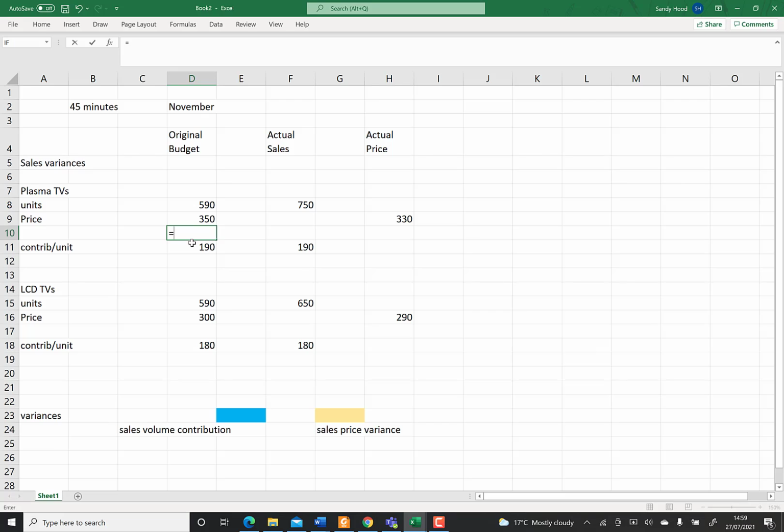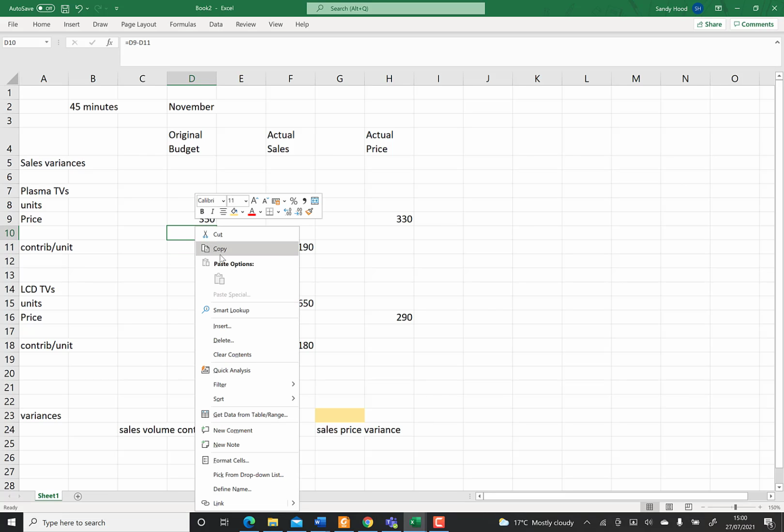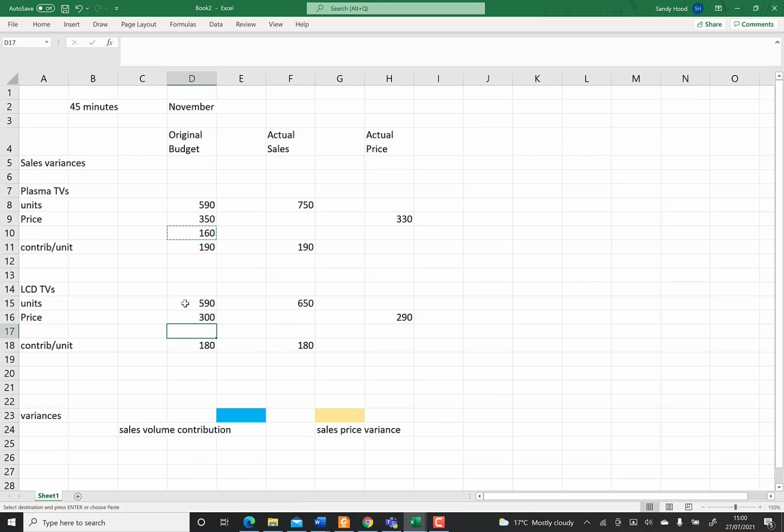We don't know what the variable cost is, so we have to say the variable cost is going to be the difference between the two, and that becomes useful because I can now say that the standard variable cost is what we will use in order to work out the contribution based on the actual price.